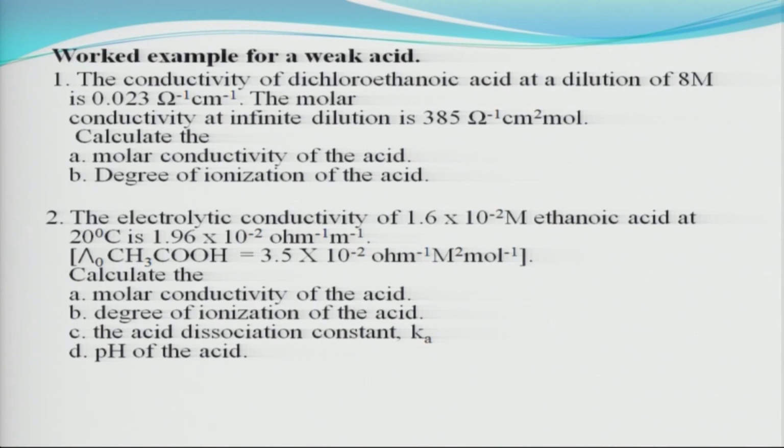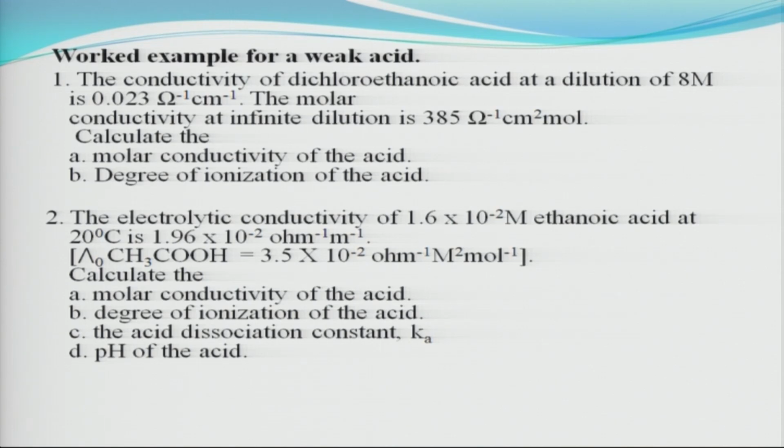The conductivity of dichloroethanoic acid at a dilution of 8 molar is that one. Its molar conductivity at infinite dilution is 385 per ohm centimeter squared per mole. Calculate the molar conductivity of the acid.